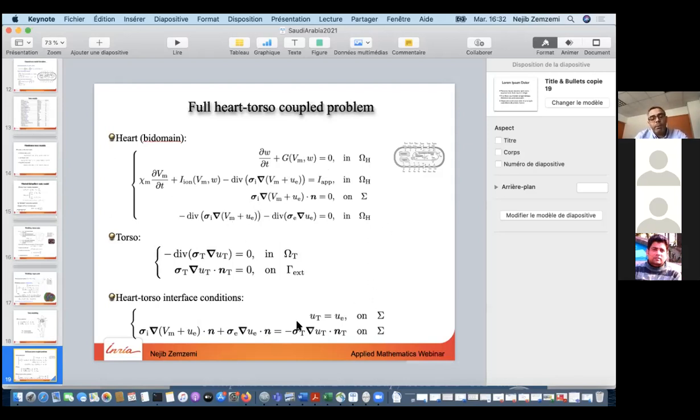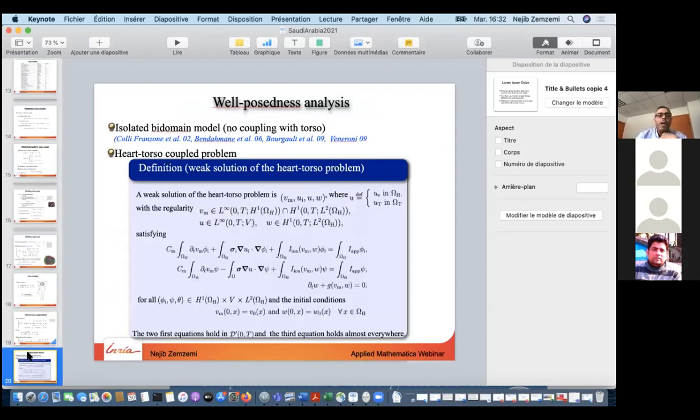Now, at the interface between the heart and the torso, you can suppose that you have continuity of potential and current, and then you obtain these coupling conditions. There are studies of the well-posedness of the problem. It is well-posed.